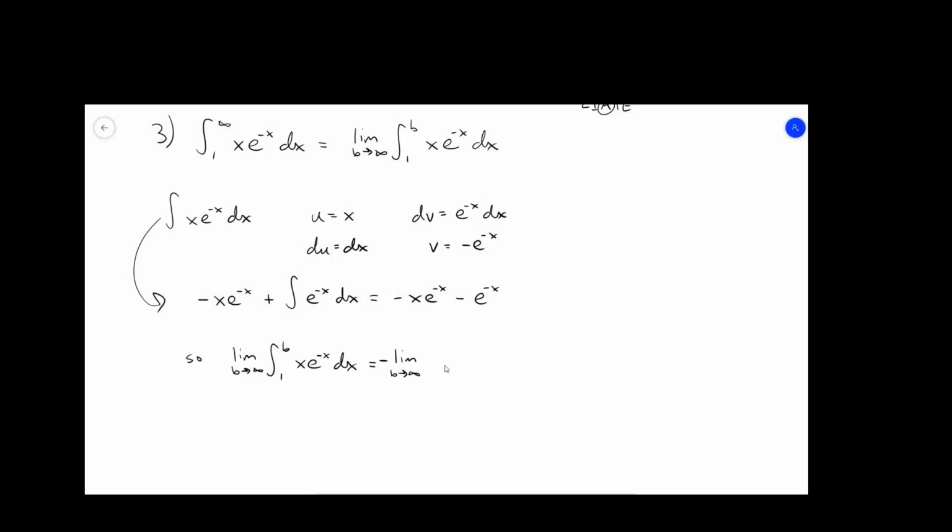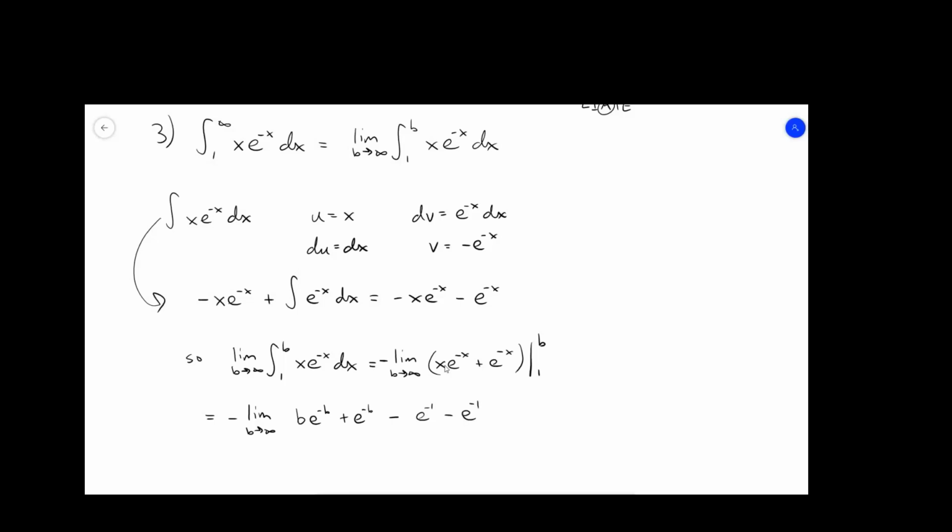I'll just put it in front there, and then we'll get this. Okay, then we got to plug in the b and the 1, so we'll get b e to the negative b plus e to the negative b. And minus, what do I get when I plug in 1? Looks like I'm going to get e to the negative 1, and then minus e to the negative 1.